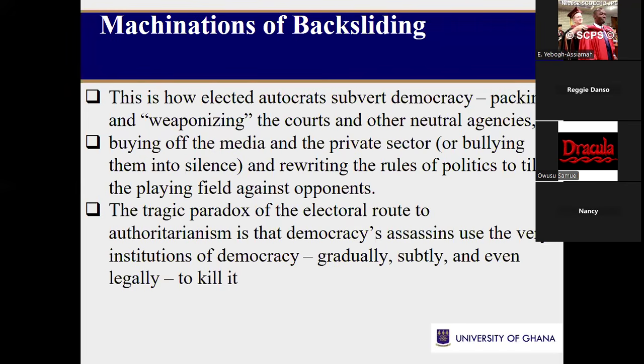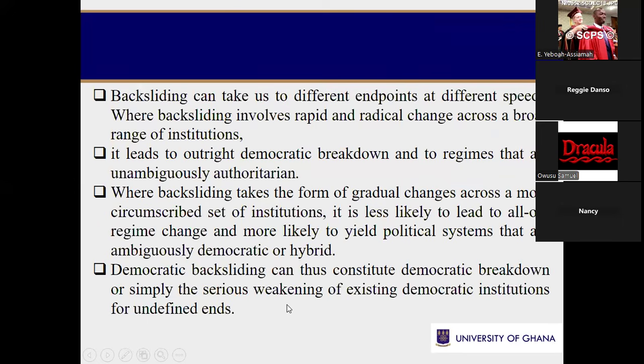Now we use the courts. The court, which is an institution of democracy, has been used to reduce the potency of another institution of democracy, the Office of the Special Prosecutor. And with time, it can even kill it.